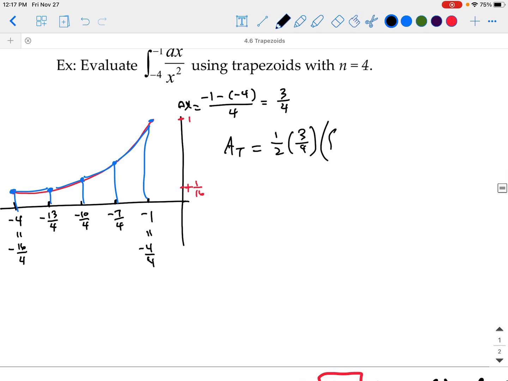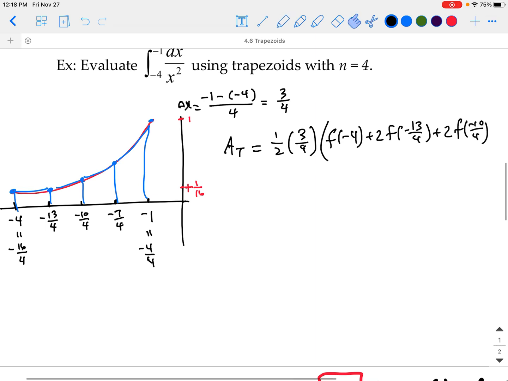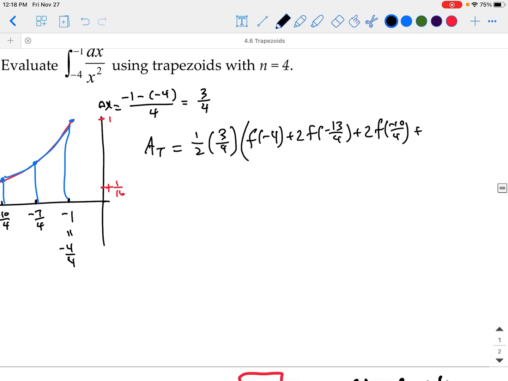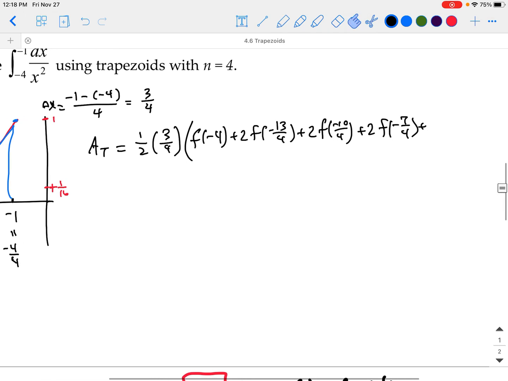So we're going to have f of -4 plus 2f of -13/4 plus 2f of -10/4 or -5 halves plus 2f of -7/4 plus f of -1.